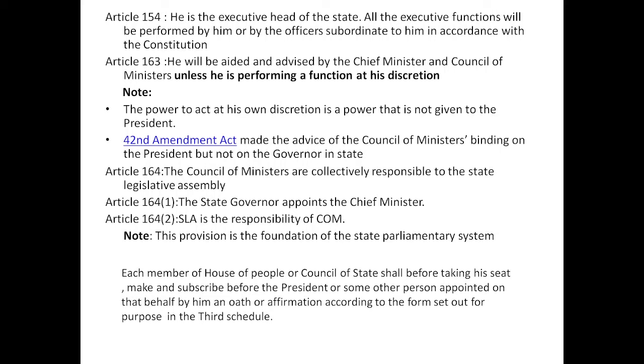Each member of the House of the People or Council of States, in some states there will be both, shall, before taking his seat, make and subscribe before the President, or some other person appointed on that behalf by him or her, an oath or affirmation according to the form set out for the purpose in the Third Schedule of the Constitution. So any oath or affirmation for the Council of Ministers is clearly described in Article 164.